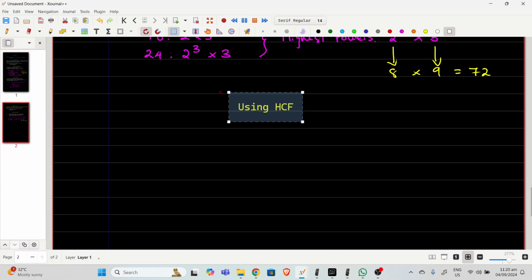All right, so we're going to be using the HCF, and there's simply a formula that you're going to have to follow. Once you find this formula, it's not that difficult.